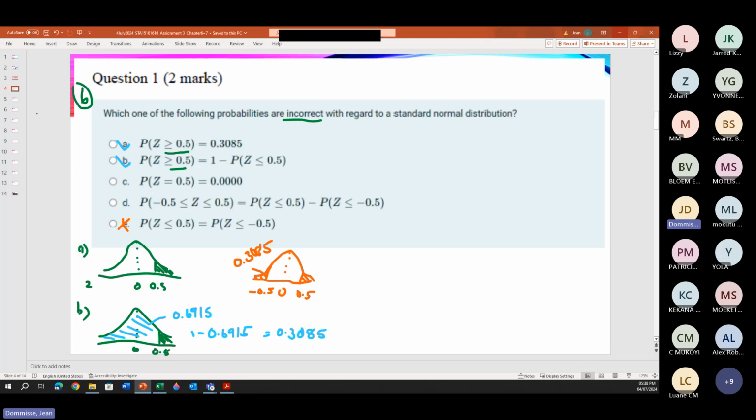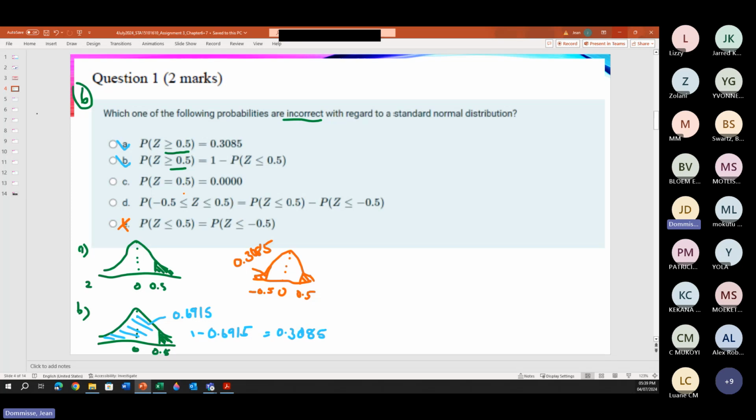So we don't have a probability of Z equal to 0.5. It's not like binomial or discrete distributions where at a certain point you have a probability. Because it is continuous, you basically don't have a probability if it is equal.